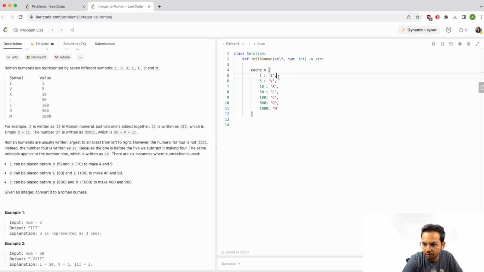Okay, and what are the tricky ones? So 4, how are we going to represent 4? 4 would be IV, so I goes before V basically.